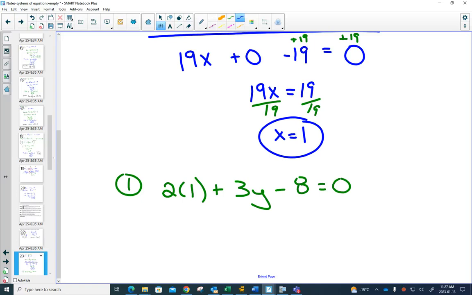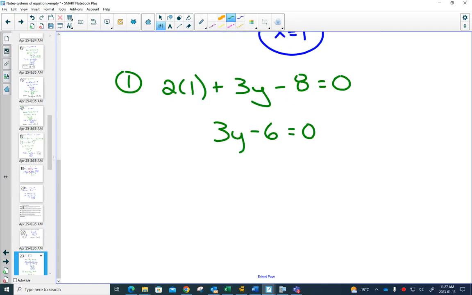And we can solve. Well, 2 minus 8, we'll stay green, 3y. These are like terms. I get minus 6 equals 0. If I was solving for y, I should add 6 to both sides. And then divide both sides by 3.